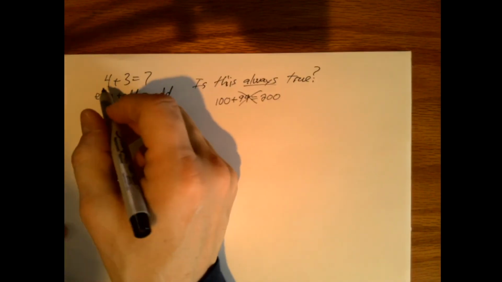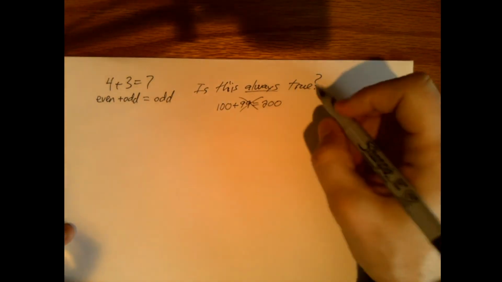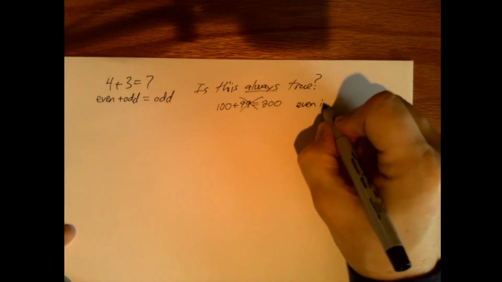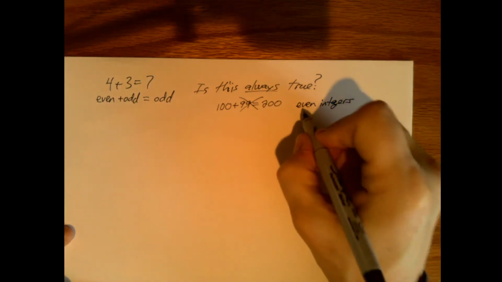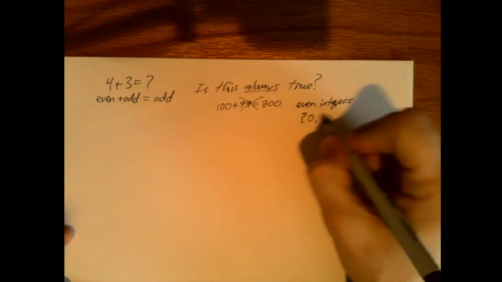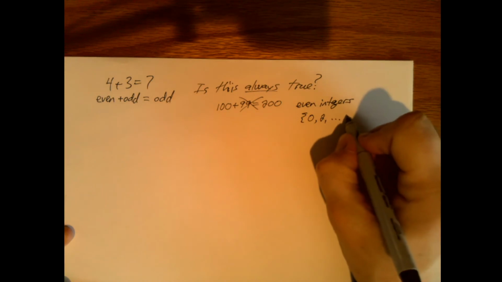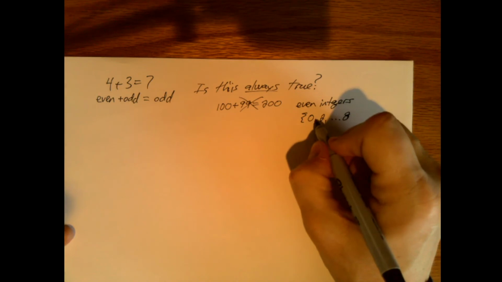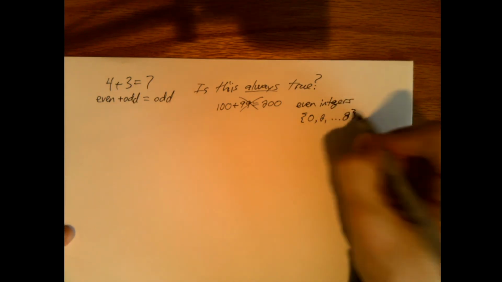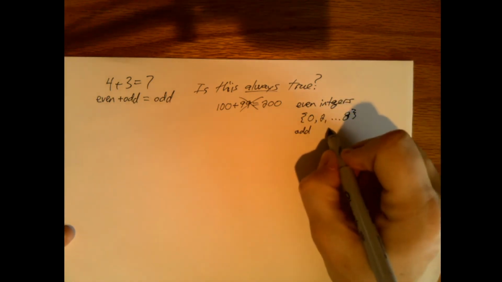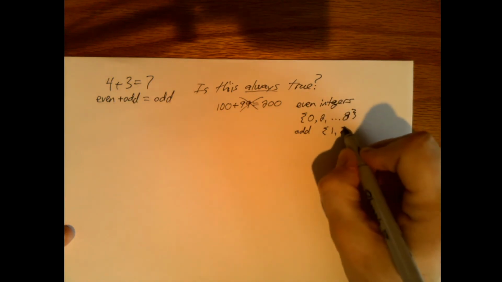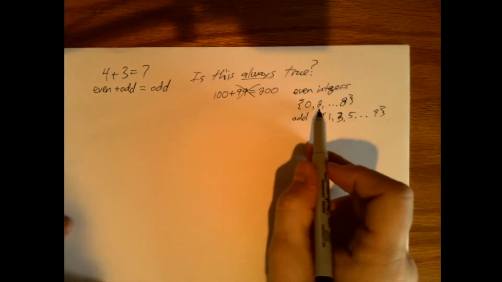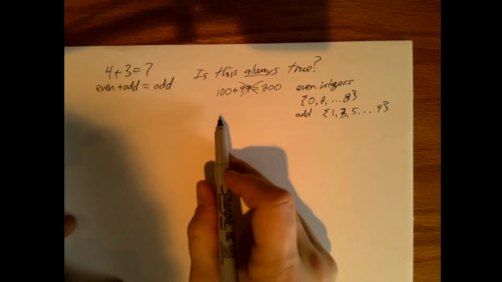Now, if we had a small set of numbers, if I said, okay, is it true that the even integers from the set 0 to 8 and the odd integers 1, 3, 5, up to 9, I could actually write all the integers and just try every combination of these and work it out.